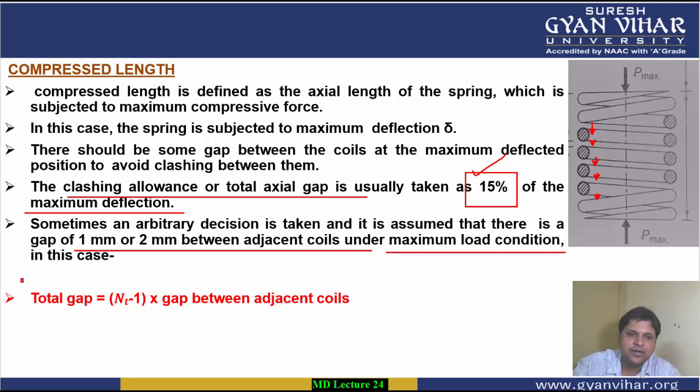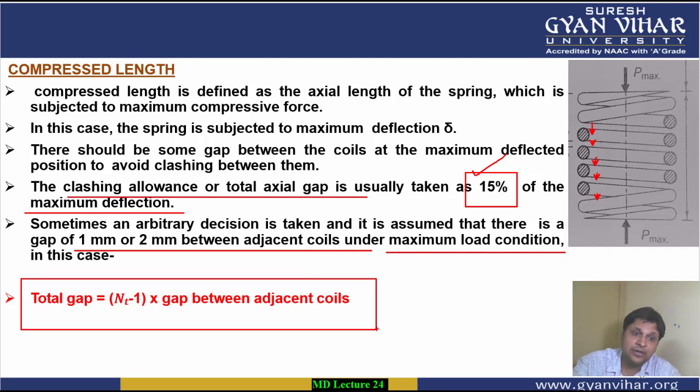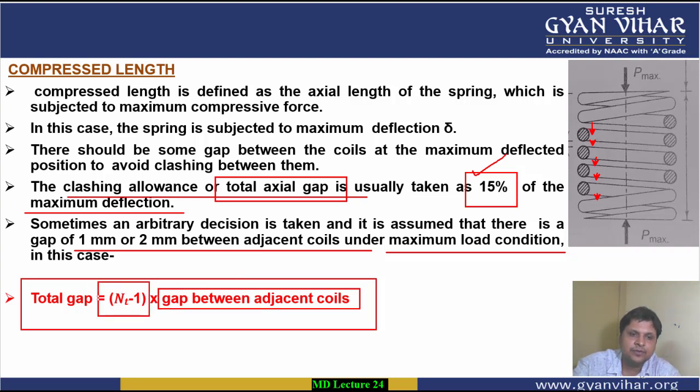So this way, how can we calculate the total axial gap? Total axial gap can be calculated in this way. Whatever is the gap between two adjacent coils, you will multiply that gap with the number of coils minus 1.